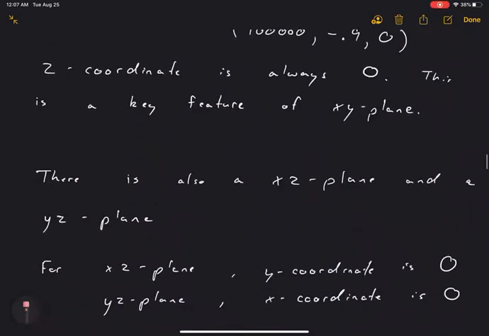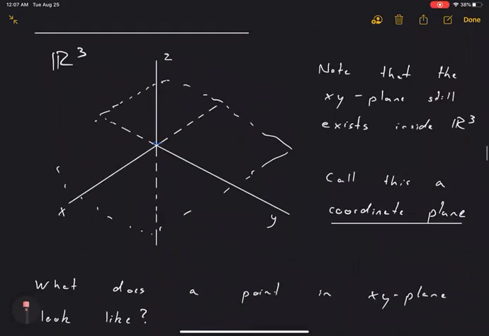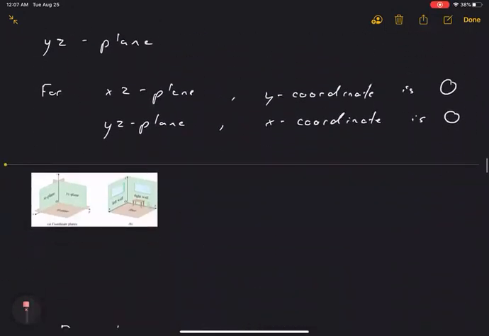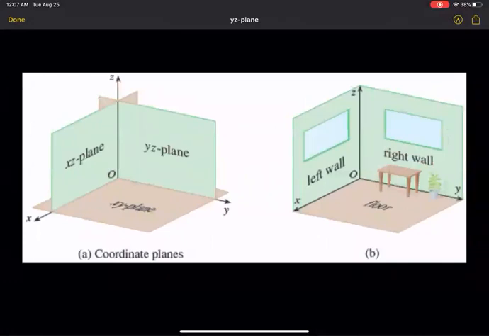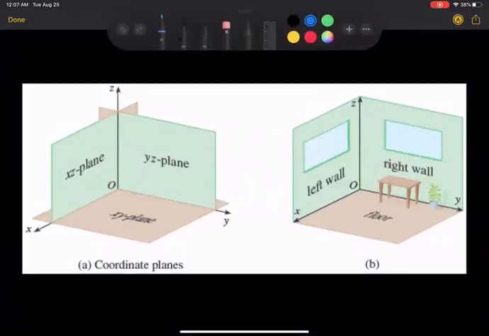Now, there's also an XZ plane and a YZ plane. I've cribbed this picture from the textbook. Let's focus on the left side. This XY plane is what we were just discussing, when the Z coordinate is equal to 0.